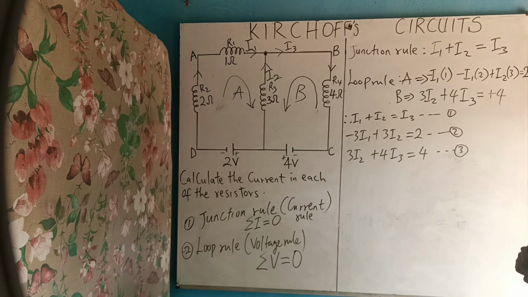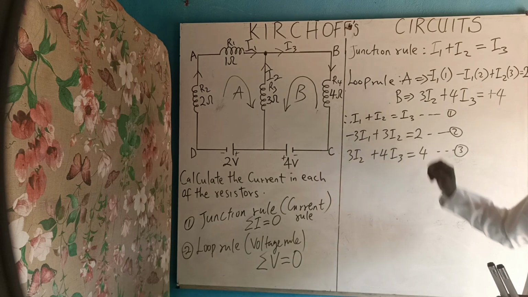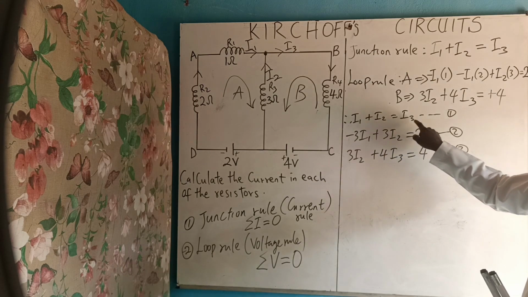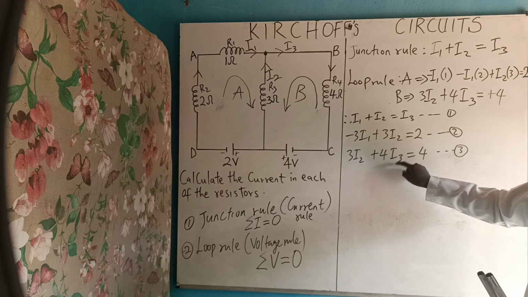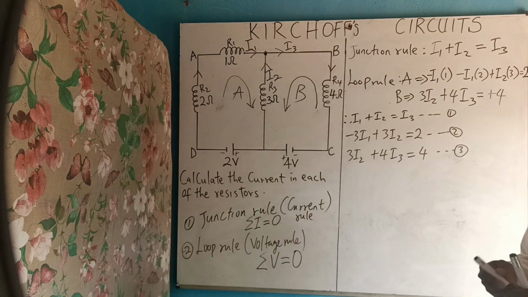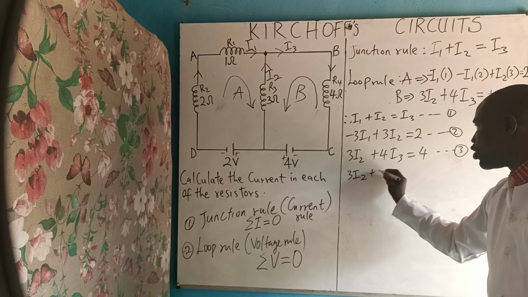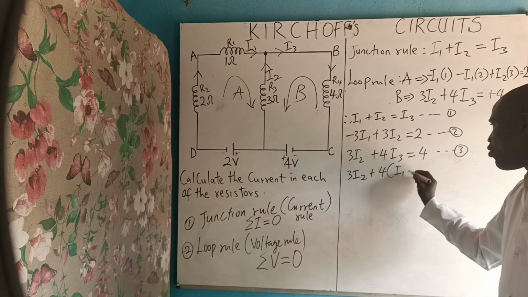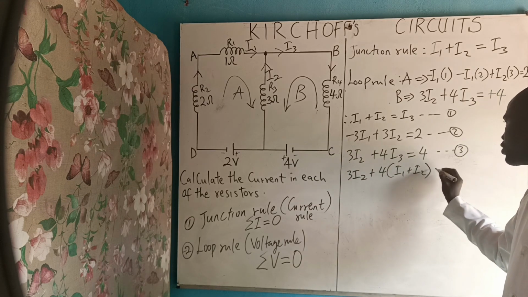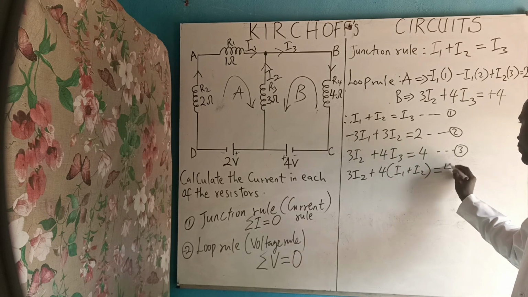Now, look at what you do. Since here you have I1 and I2, and here you have I1 and I2 equal to I3, I will replace this I3 with I1 plus I2. That means I will have 3I2 plus 4 bracket I1 plus I2 equals 4.